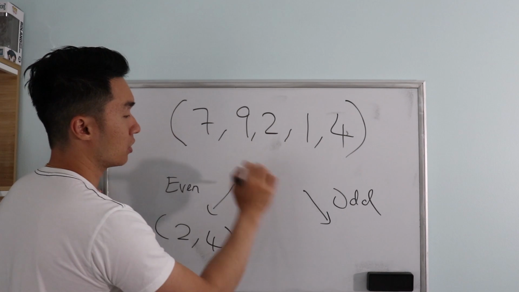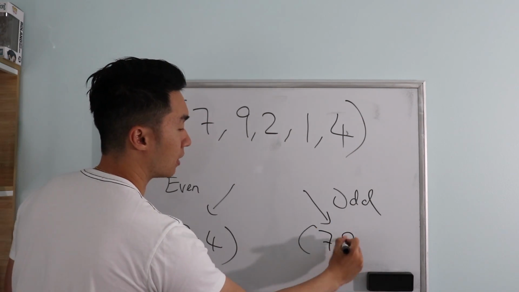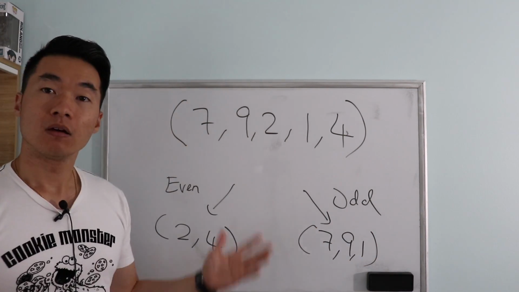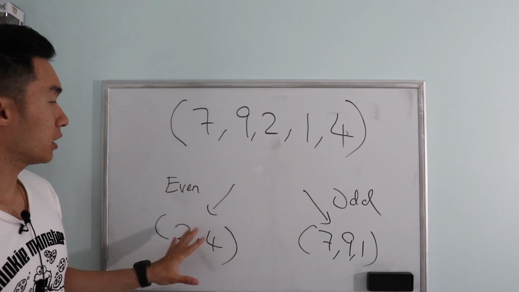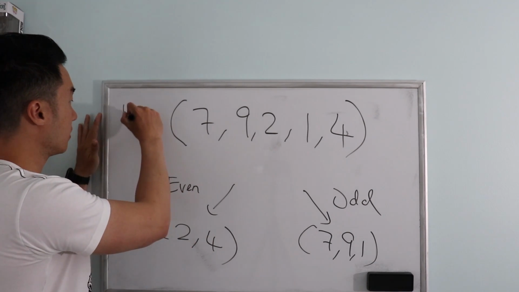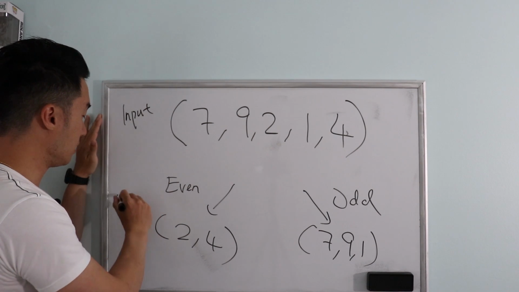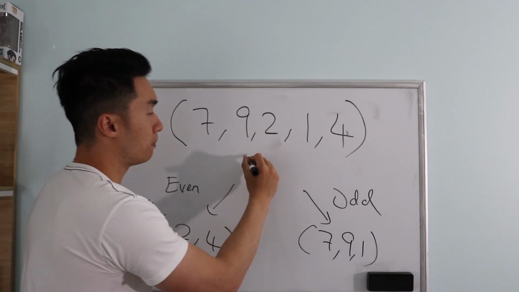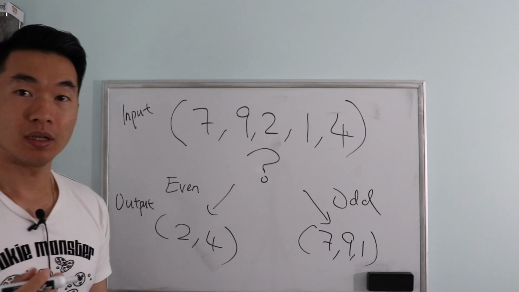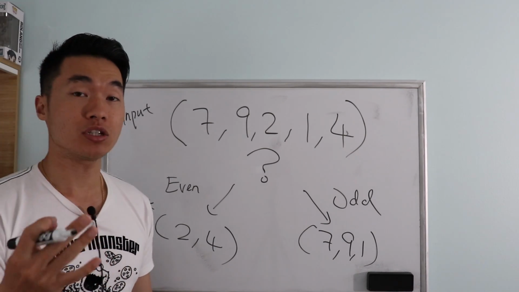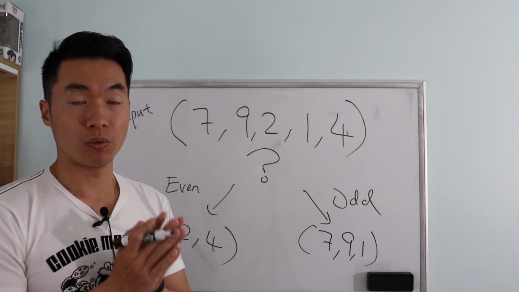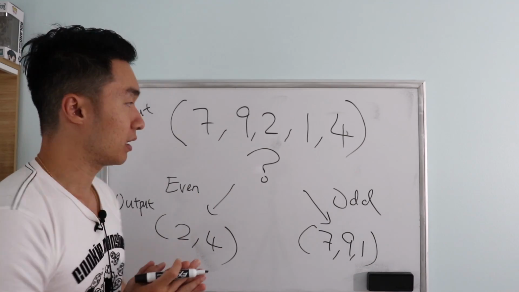For odd numbers, you have 7, 9, and 1. From here, you can see pretty clearly this is the input, and these are your output. This big question mark in the middle is the instruction that you as a software engineer are supposed to come up with. How would you do something like this?